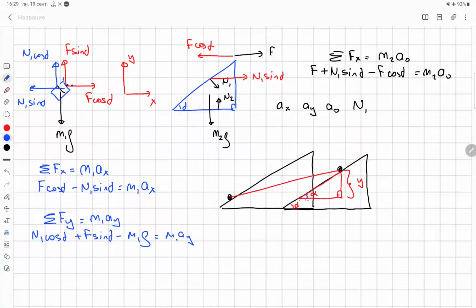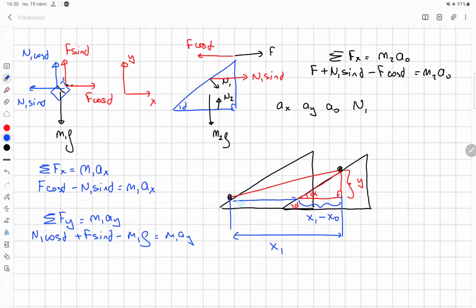And this distance is the difference between the distance that M1 moves in the horizontal direction and the distance that M2 moves in the horizontal direction. Why? Because of this figure, this distance is the distance that M1 moves in the horizontal direction.